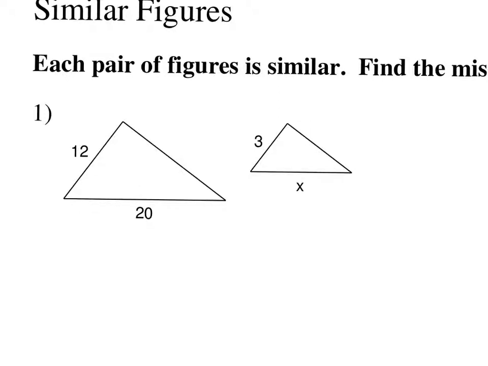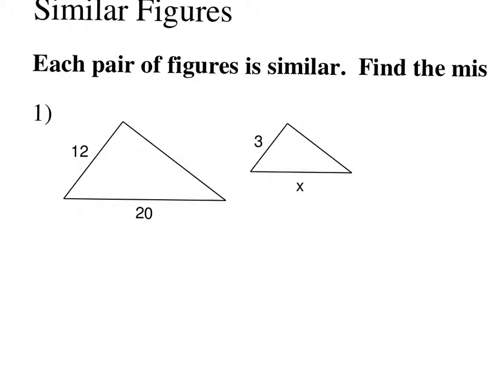Alright, so I have to find the missing side, and I know that each pair of figures is going to be similar. So mathematically similar means that the lengths are going to be in proportion to each other.